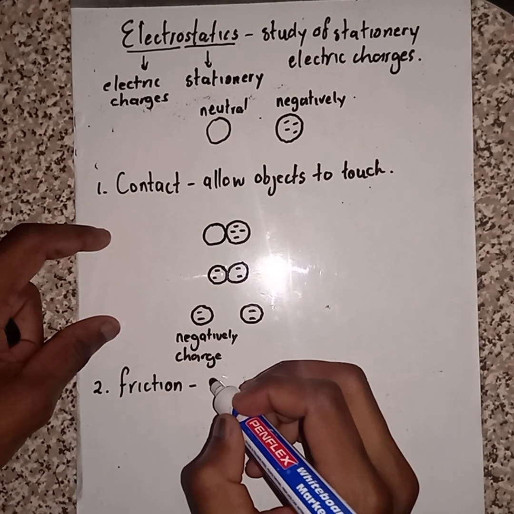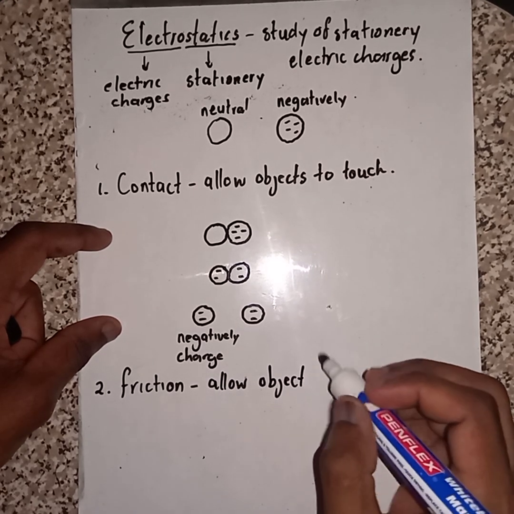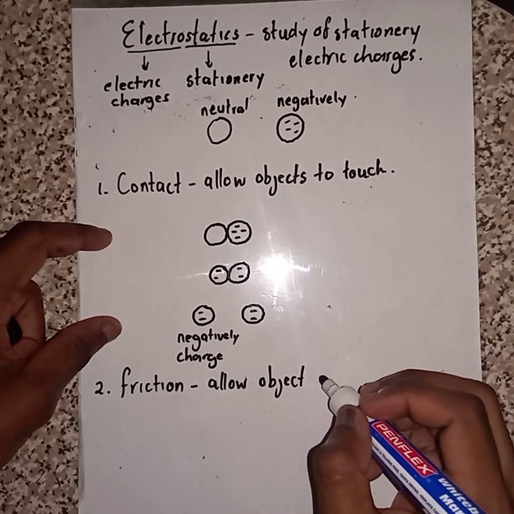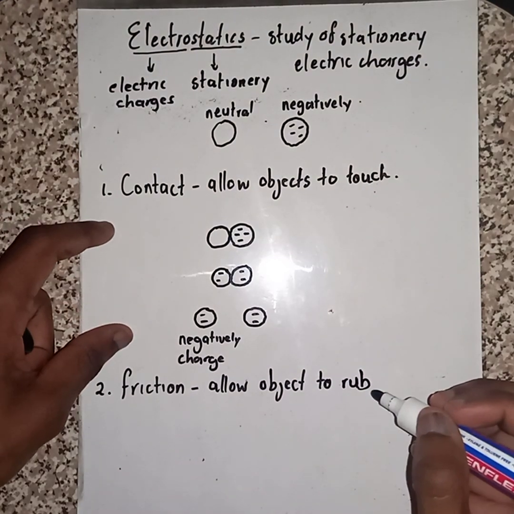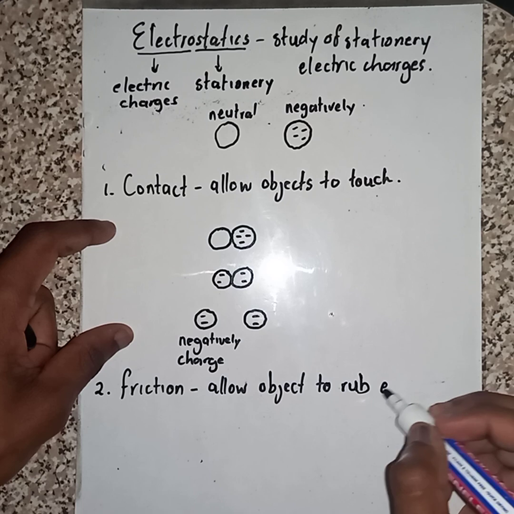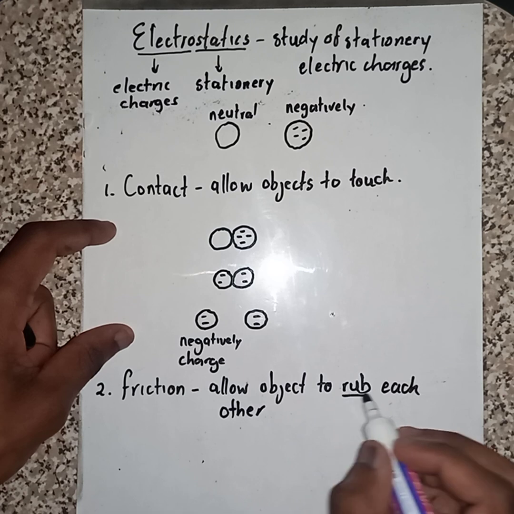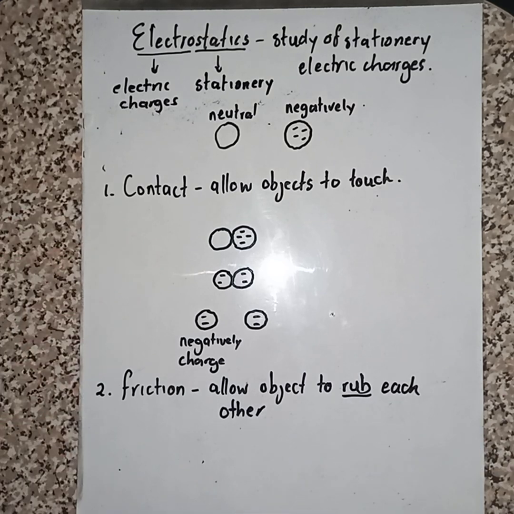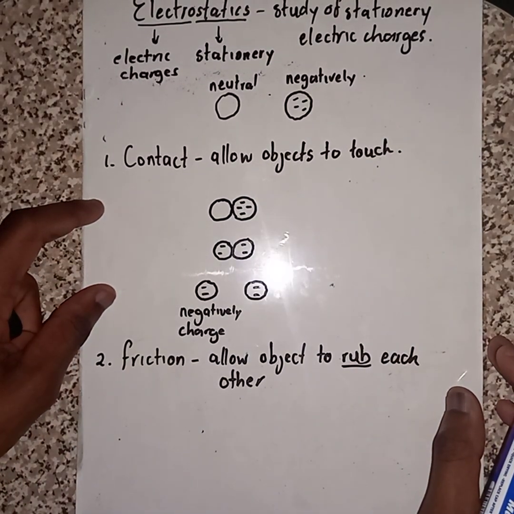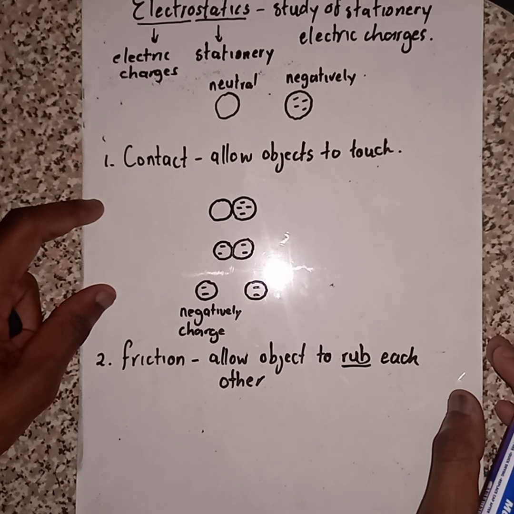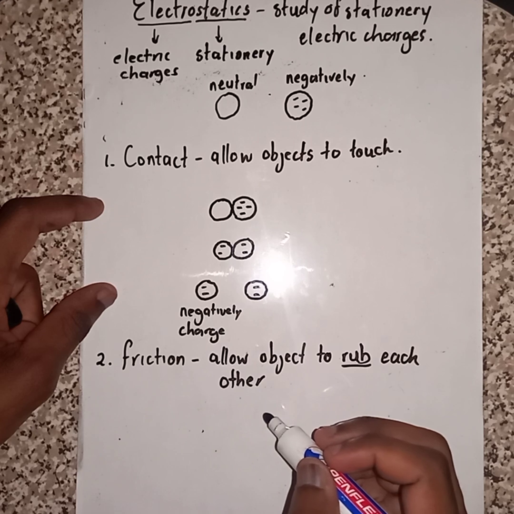We allow objects to rub each other, or somehow we rub two objects. Let's say now if we had, let me consider a cloth.